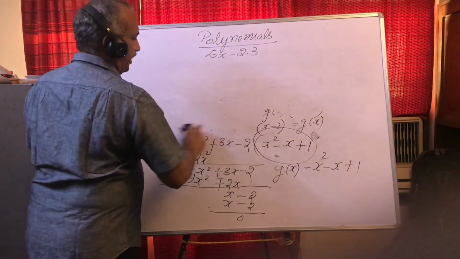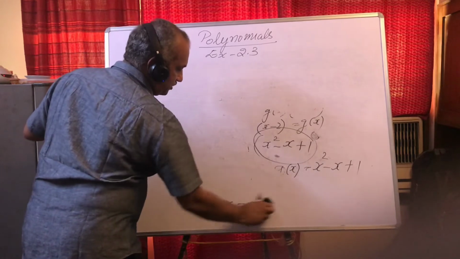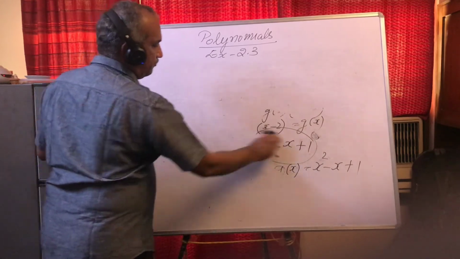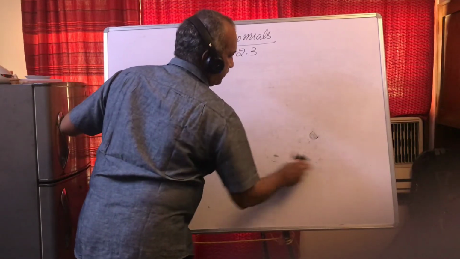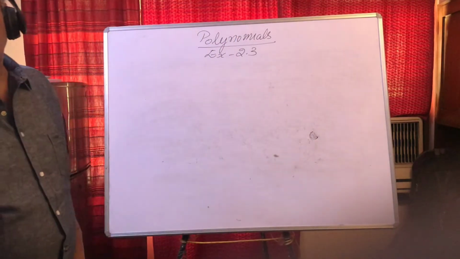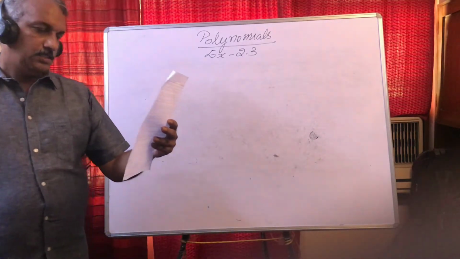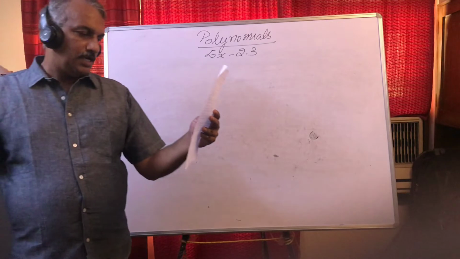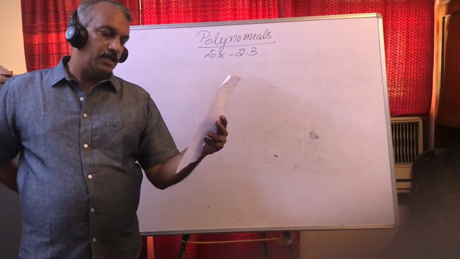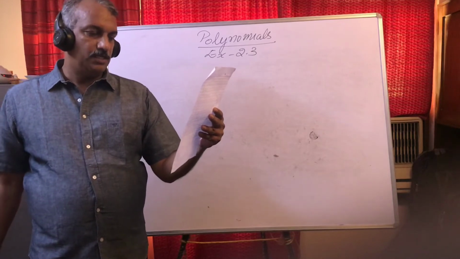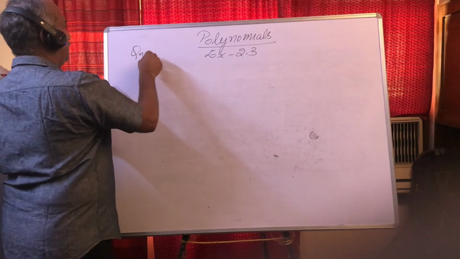Question is, find p of x, g of x, q of x and r of x with the following conditions, which satisfy the division algorithm. First condition, degree of p of x is equal to degree of q of x. First one is question number 5.